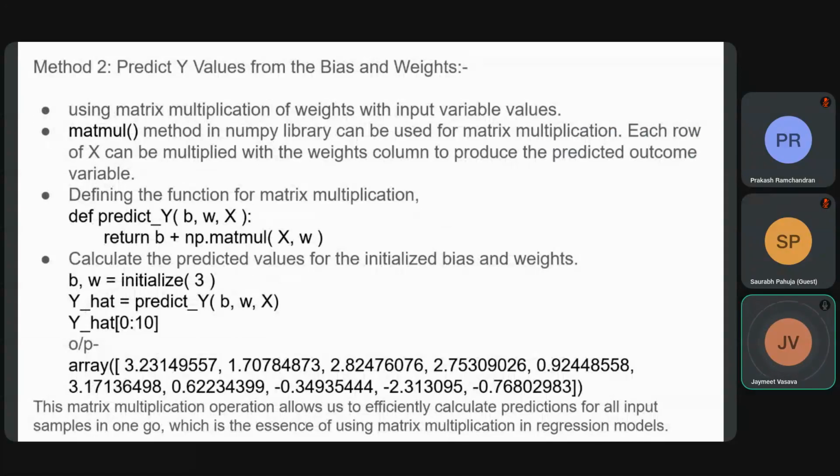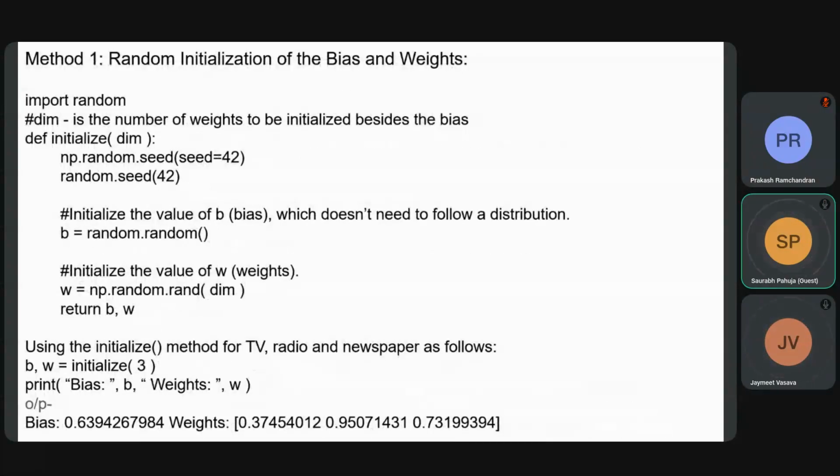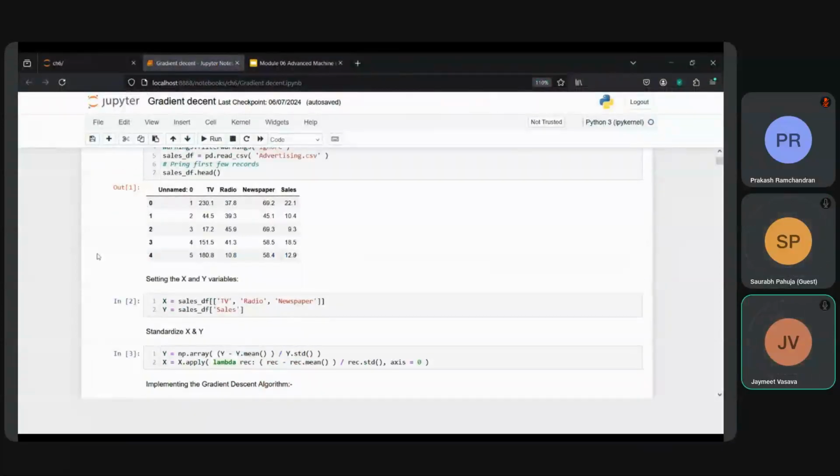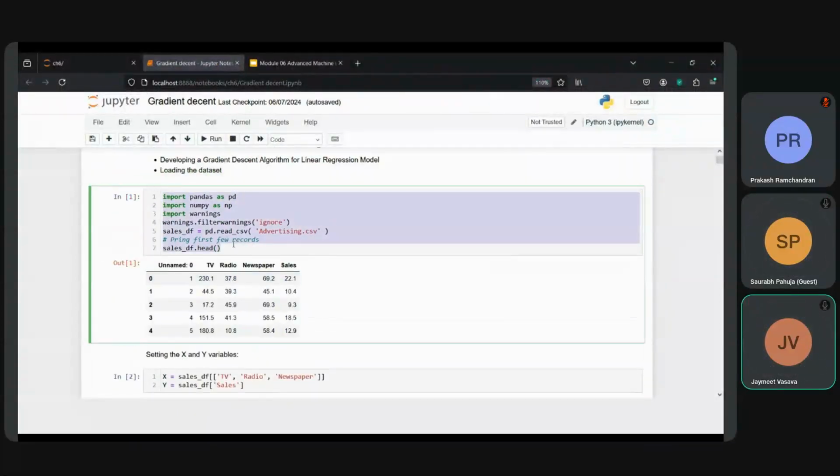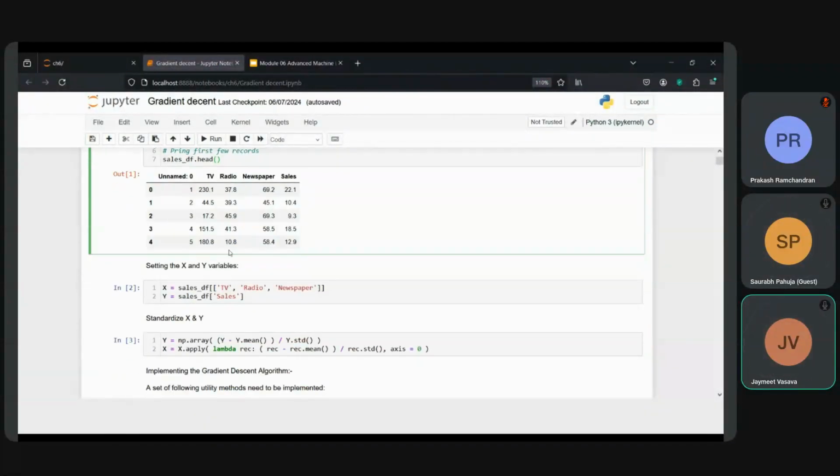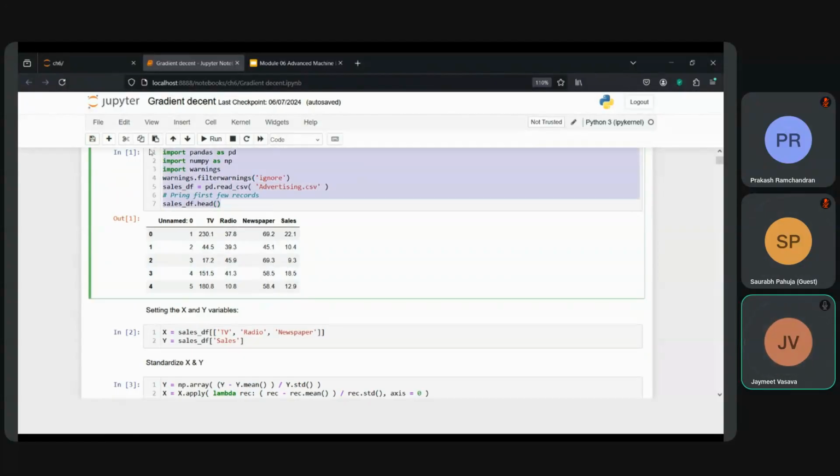Now we predict the values from the bias and the weights. Here we'll be using matrix multiplication. Can you just run the previous interpretation? I'm trying to understand through execution. So this is the data set that we have read, and these are the first few values.